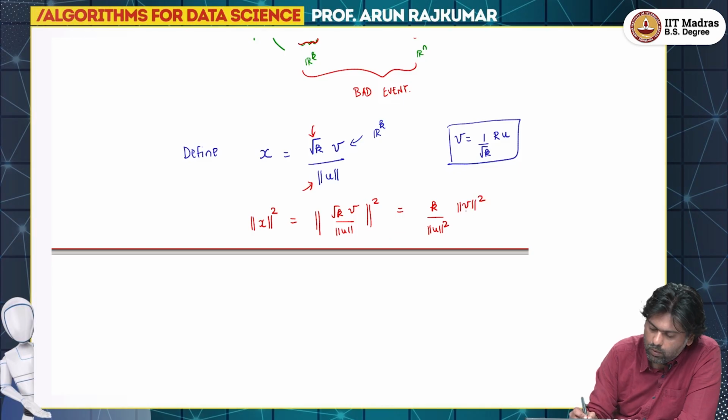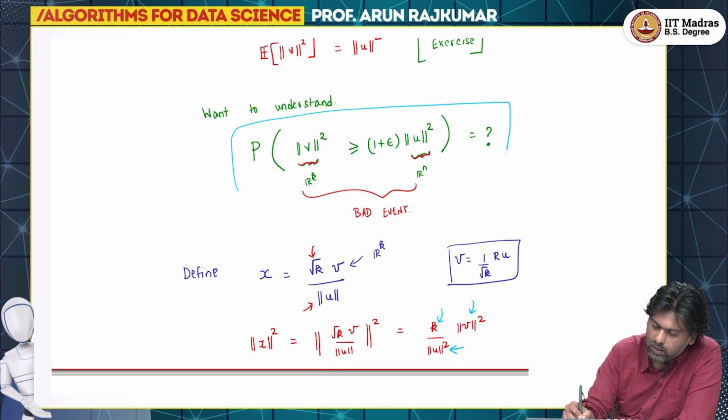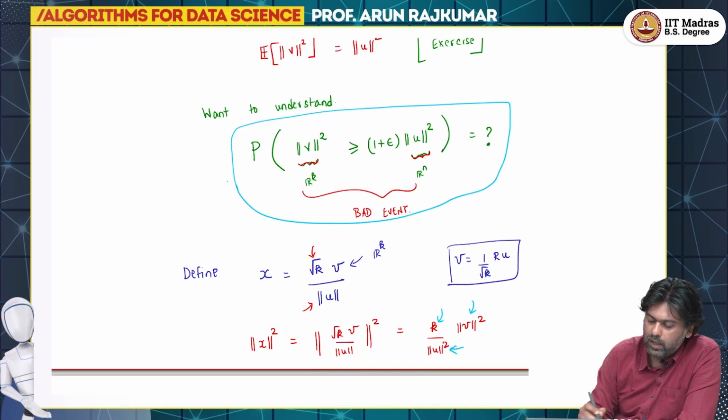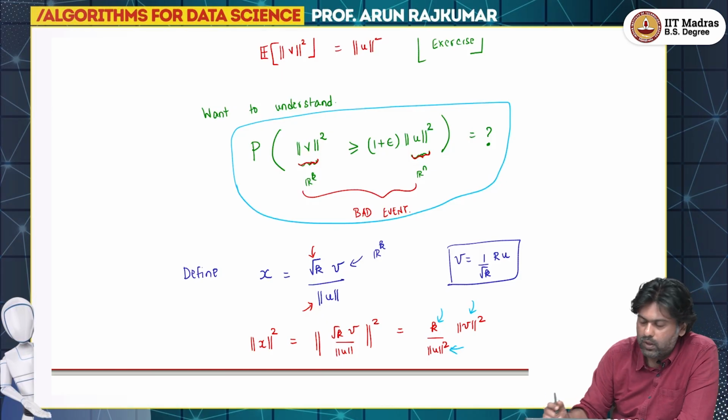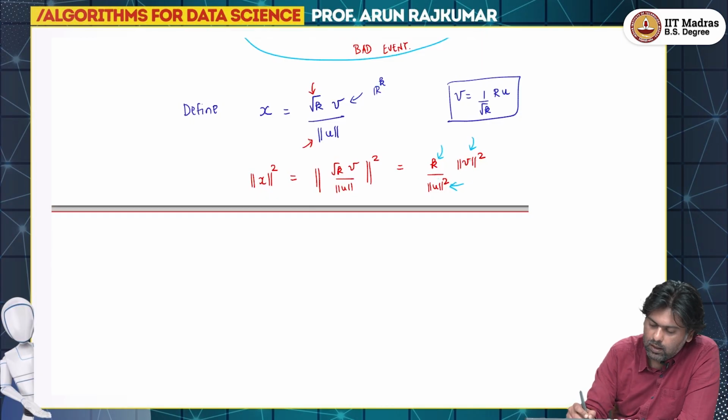So x squared has all the ingredients here: it has k, it has norm V, it has norm u squared. When we want to make a statement about this probability, it involves norm V squared and norm u squared. We will see that things simplify when we use x because it already has norm V squared divided by norm u squared. I will come to that in a minute.